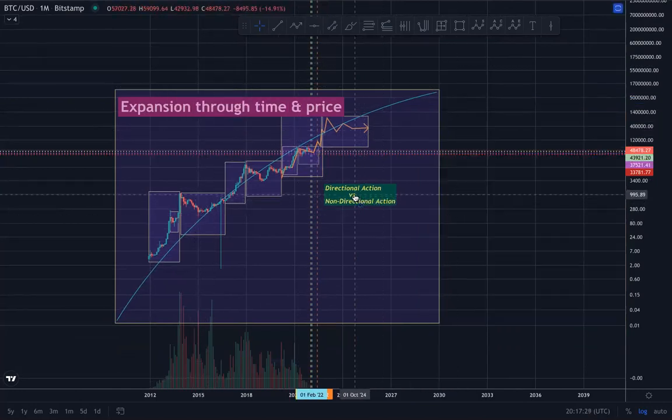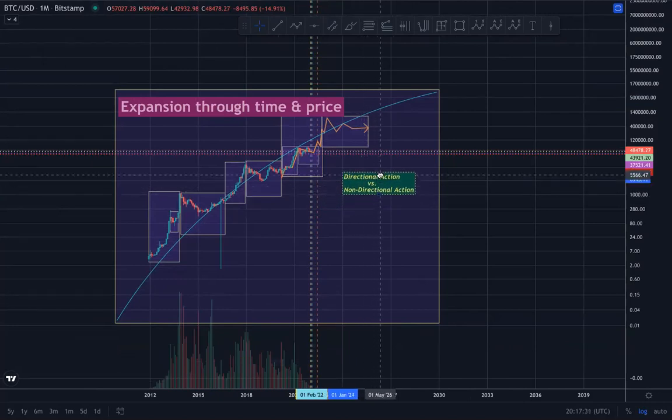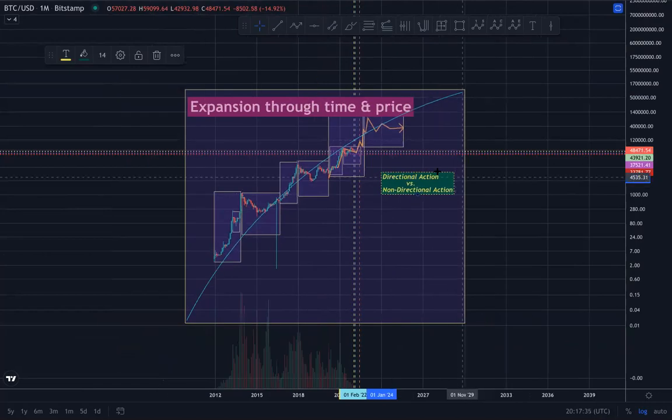The next idea here is the directional action versus non-directional action. So the idea here becomes, when we're looking at any price group, we want to look at basically a square. Now, firstly, to be mentioned, this is very rough. I'm not actually doing the proper rule of proportionality.